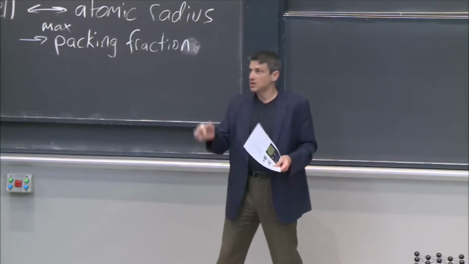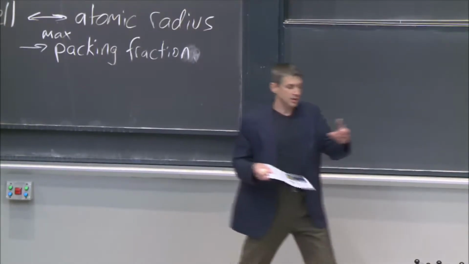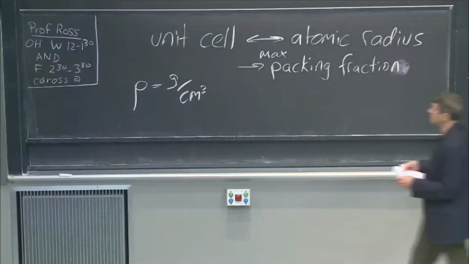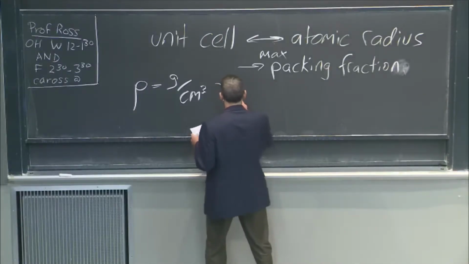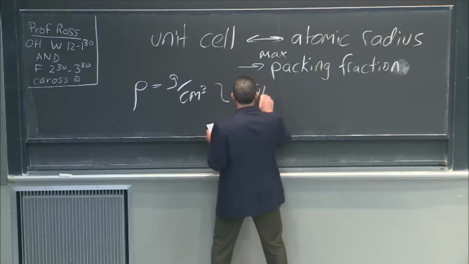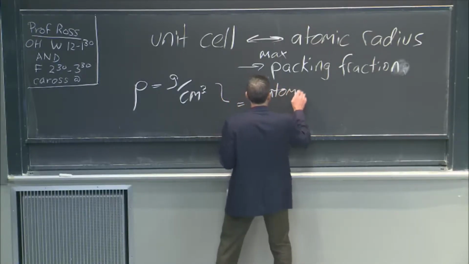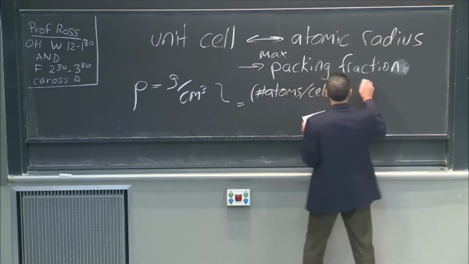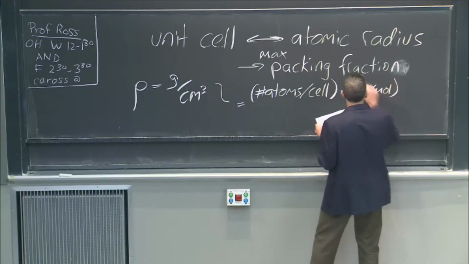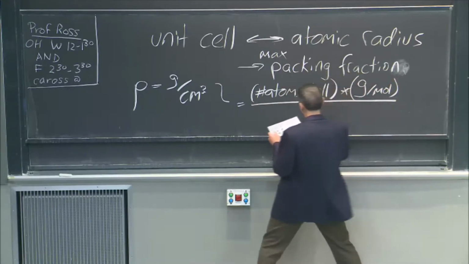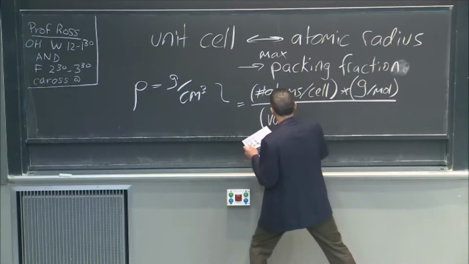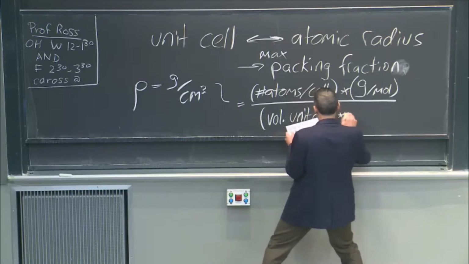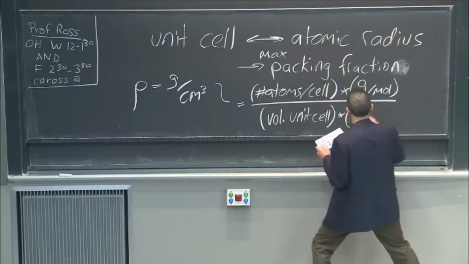So again, I want you to be able to go back and forth. Once you know the unit cell, and you can know something about the radius of the atom, maybe then you can get the density. For example, here, the density could be defined as the number of atoms in the cell times the grams per mole of that element divided by the volume of the unit cell times Avogadro's number.